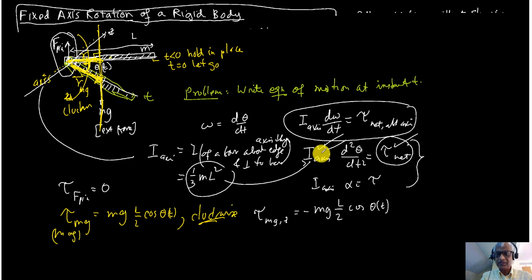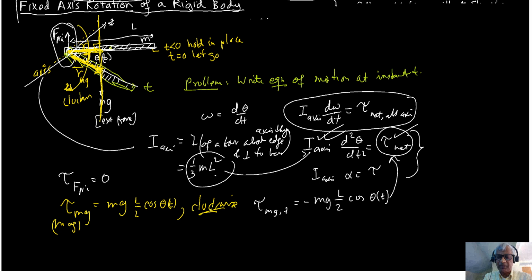So all of this together, if I write it down now, I'm able to write 1/3 ml square d square theta over dt square equals minus mg L over 2 — should be sine.